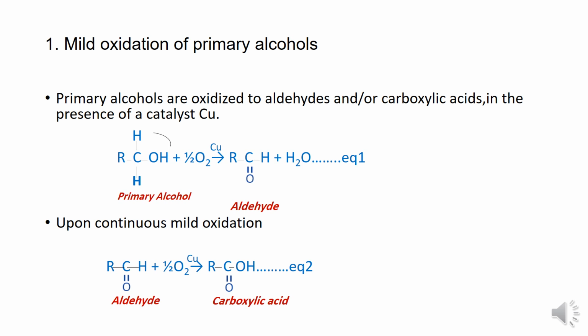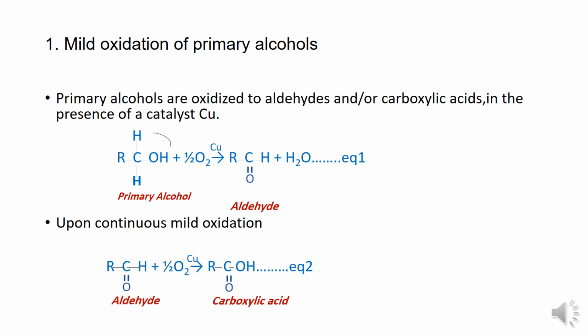Let's start with the first. Primary alcohols are reductants, so they are oxidized to aldehydes and or carboxylic acid in the presence of a catalyst, Cu, which is copper.